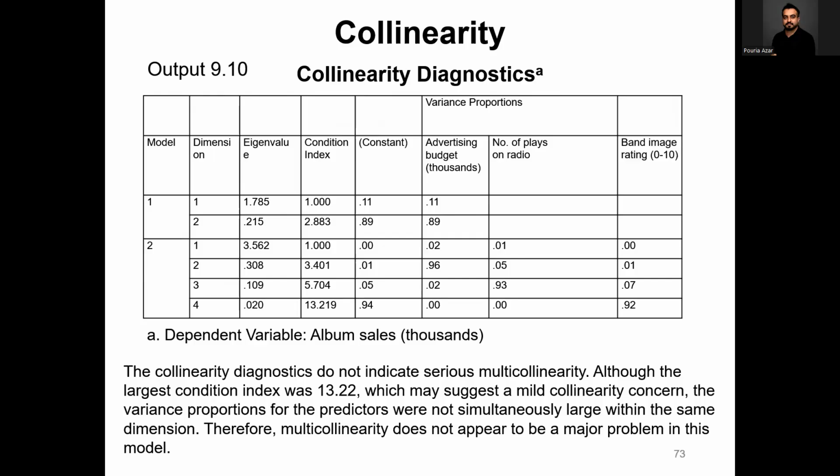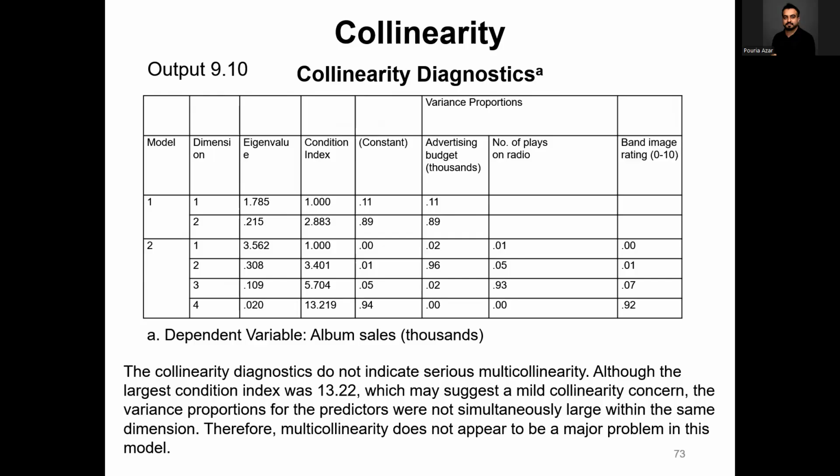And I have 0.93 again, but the values of the two columns next to this number are very low as well. So there is no collinearity issue. In dimension 4, I only have one high value, 0.92, but the values for other variables are 0. So I would say there is no collinearity issue here.